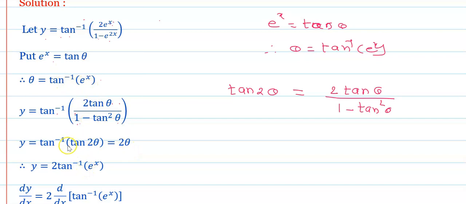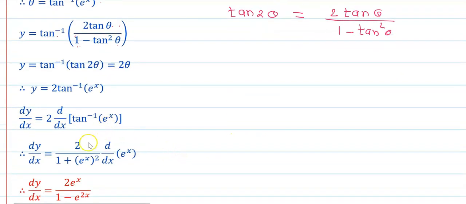Replace the theta by tan inverse of e raised to x. Okay. Therefore, you will get here 2 into tan inverse of e raised to x. Again, the derivative of tan inverse of x is 1 upon 1 plus x square. Similar here, there is a 2 into 1, that is 2 upon 1 plus e raised to x bracket square. But this is again f of x, it is not x.